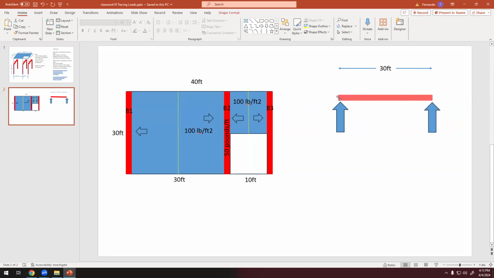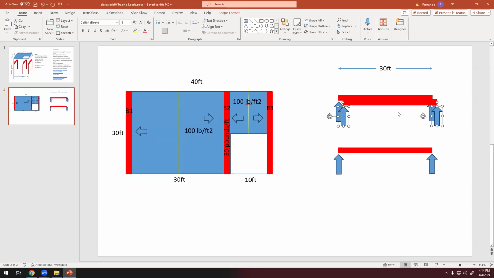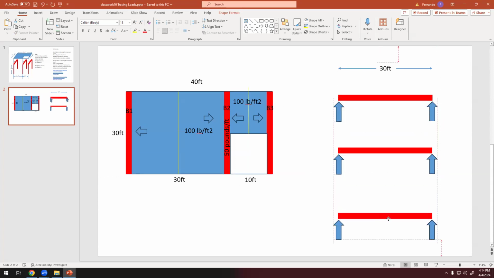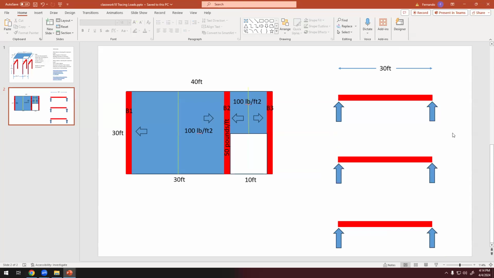And now I have to consider the weight. Okay, and we're going to split this into three different arrows. I'm going to break it down into three different parts, meaning three different loads.